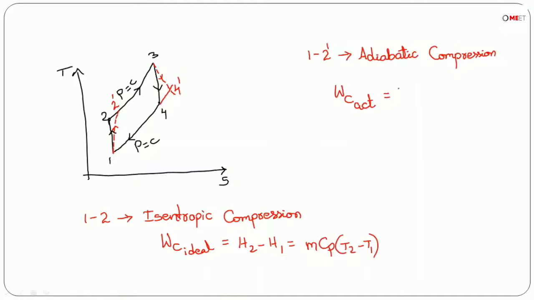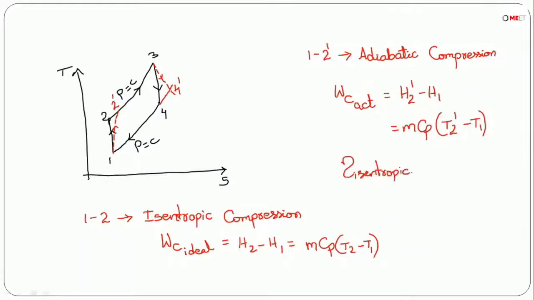So the actual work input should be H2 dash minus H1, which will be taken as mCp into T2 dash minus T1. So this is adiabatic compression. Adiabatic process is irreversible, as I already told you, whereas isentropic process is reversible adiabatic. This is reversible process. Now, isentropic efficiency relates these two compression processes.